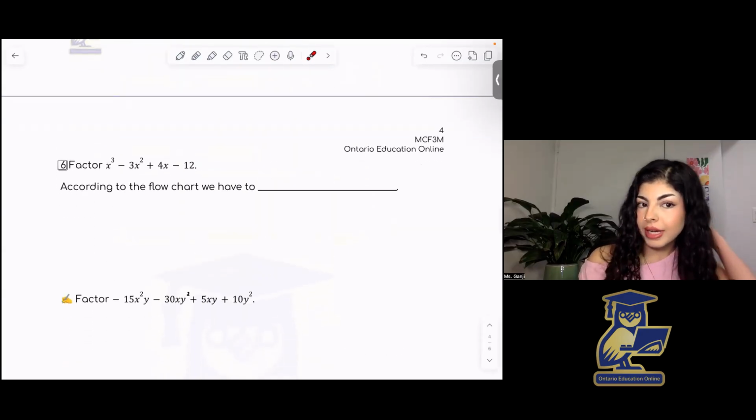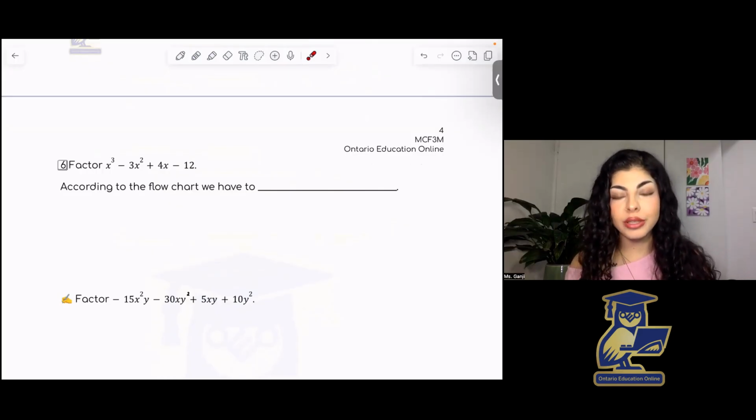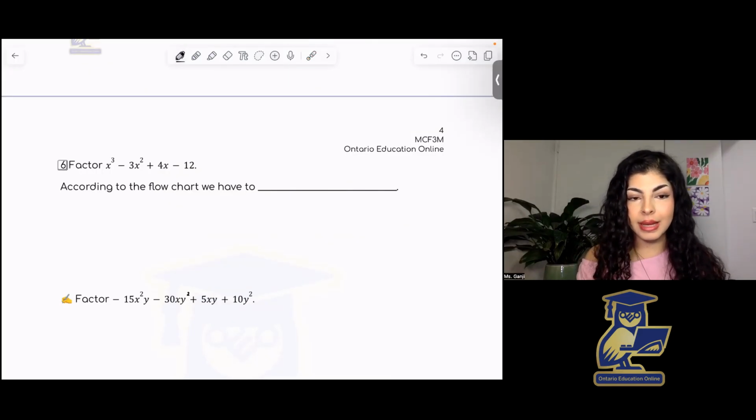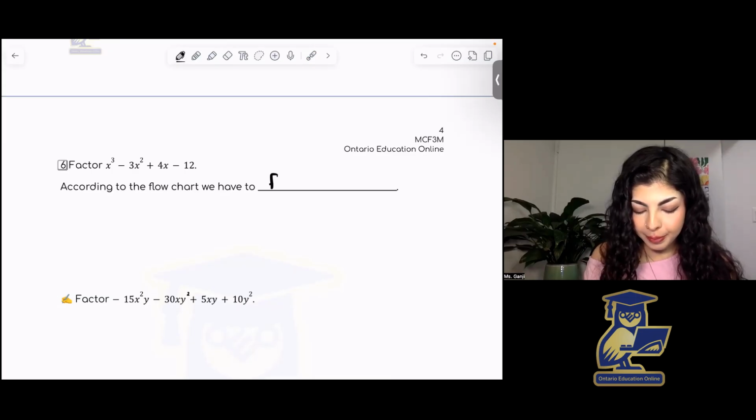Now we have our next example, and I hope you've noticed this one now looks different because it has 4 terms. So now we're getting to that last example in our flowchart. So we have 4 terms, so we have to factor by grouping.